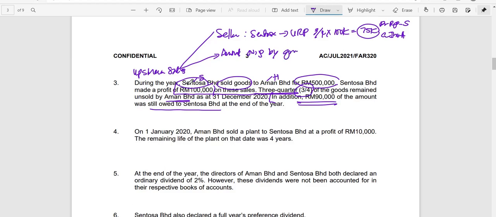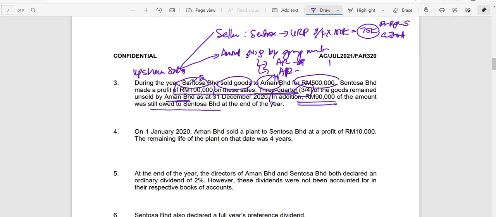By group member. So here you need to go and eliminate the account receivable, right? Under account receivable of Sentosa, you need to go and eliminate the one related to Aman, and under account payable of Aman, one of the suppliers is the subsidiary Sentosa. So you need to go and remove the accounts payable and remove the accounts receivable.